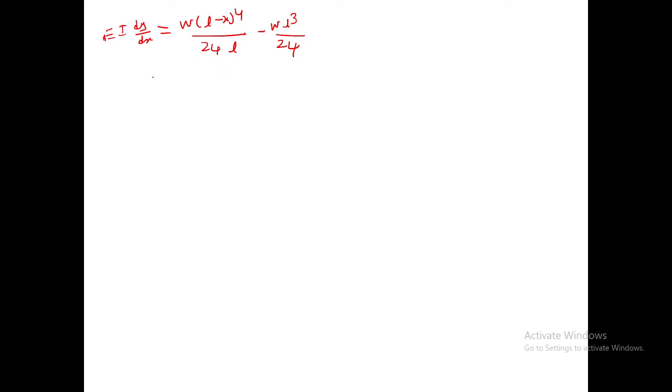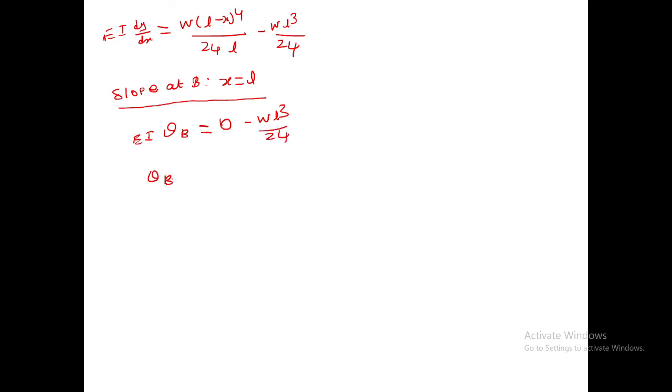This is C1. So slope at B, x equals L. So EI theta B equals 0 minus WL cube divided by 24. So theta B equals minus WL cube divided by 24 EI.